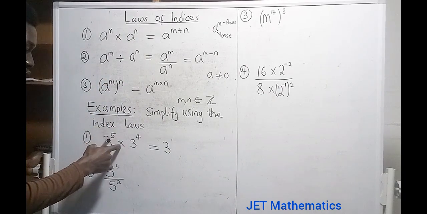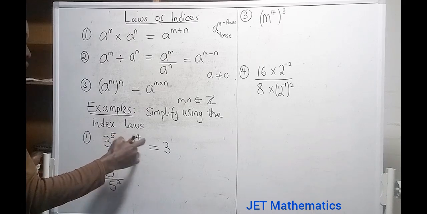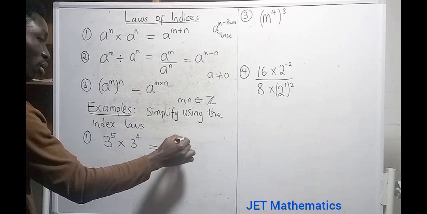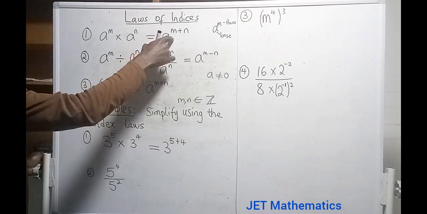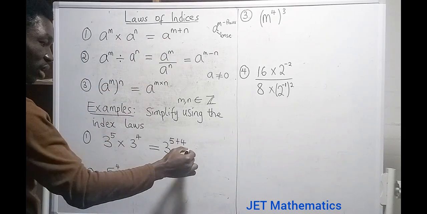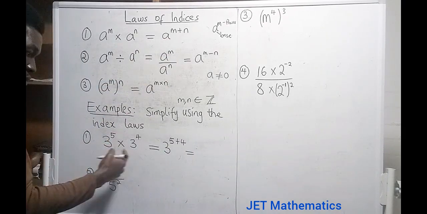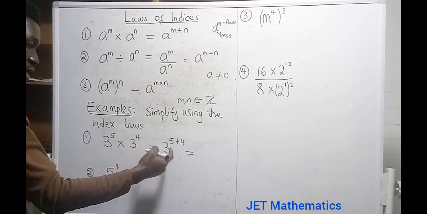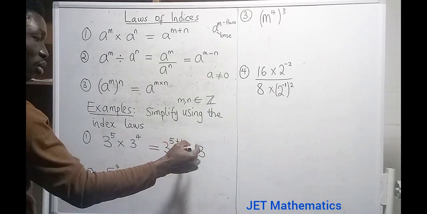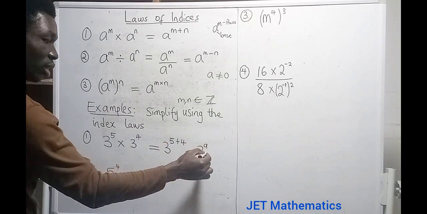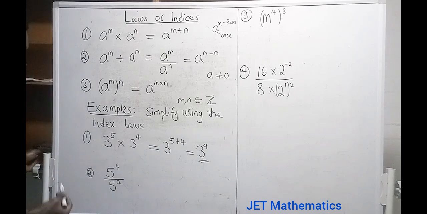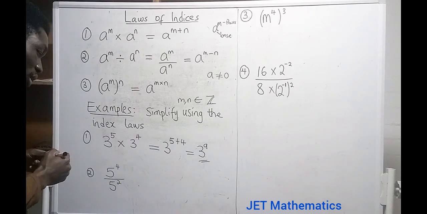Then the power, since it's multiplication, we sum up the power, and that becomes 5 plus 4, just as the first law is defined. So at the end of the day, this is 3 raised to the power of 9. Very easy, okay?